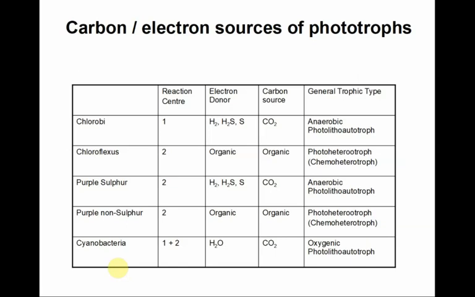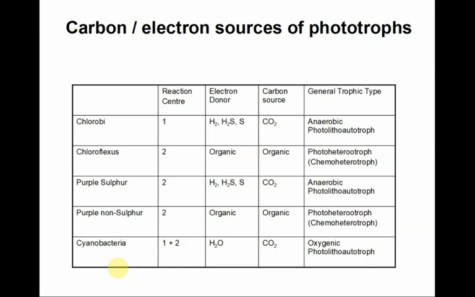So what it looks like is that the green and the purple sulfur bacteria were basically chemolithotrophs to begin with. They're basically using sulfur oxidation as their metabolism. And then they acquire the photosynthetic machinery, they become a little bit more efficient, and they have an advantage in some environments, especially in anaerobic environments when there's no oxygen available.